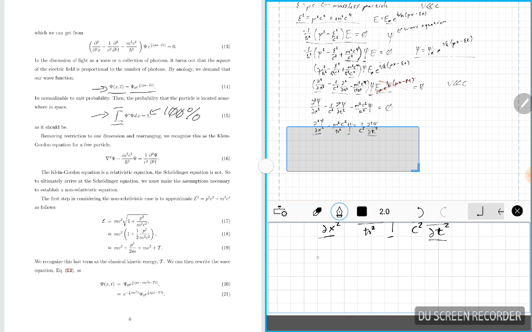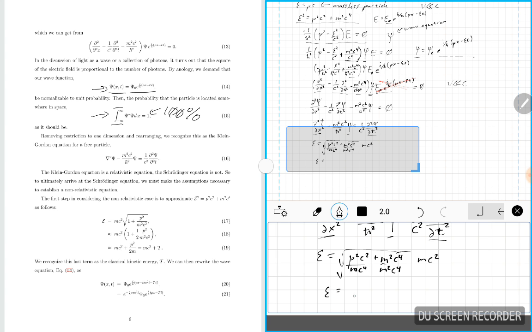Now we're gonna do our next approximation. So we had this was our energy plus m squared c to the fourth. I'm going to factor out this rest mass, or rest energy, mc squared.